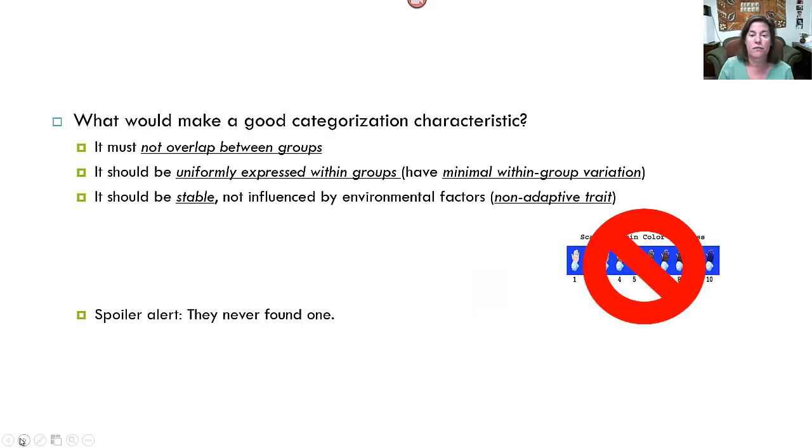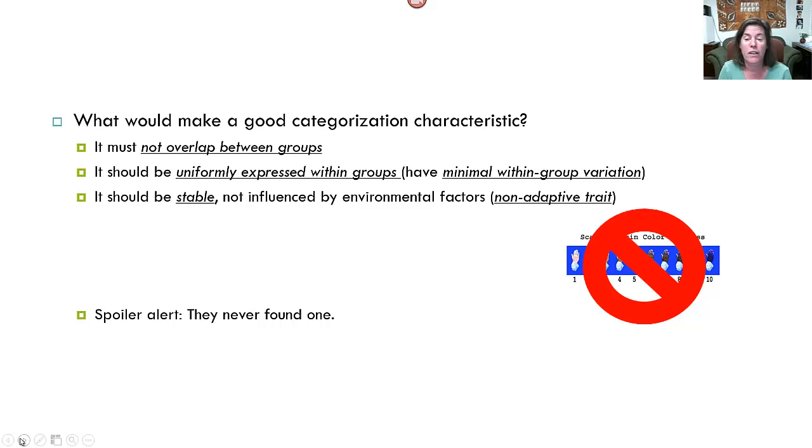So scientists from this time period argued that we should be using characteristics that do not overlap between groups, that are uniformly expressed within groups, that is, they have minimal within group variation, that is, all the shades of white should be all one shade of white. All black is exactly the same shade of black. And these characteristics should all be stable, that they're not influenced by environmental factors. We all know that skin color is capable of changing when you go out in the sun.